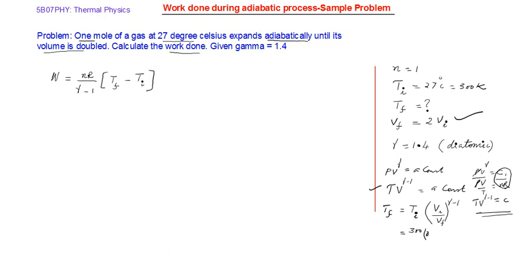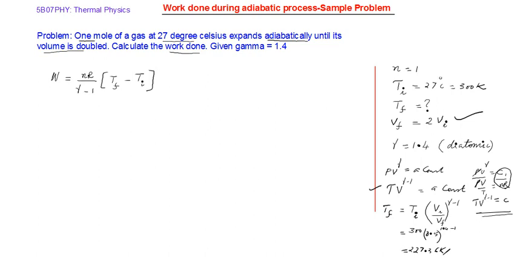So 0.5 all raised to gamma minus 1. Gamma is 1.4, so 1.4 minus 1 is 0.4. So just do this numerical calculation. You will get it around 227.36 Kelvin, of course. So you got TF.